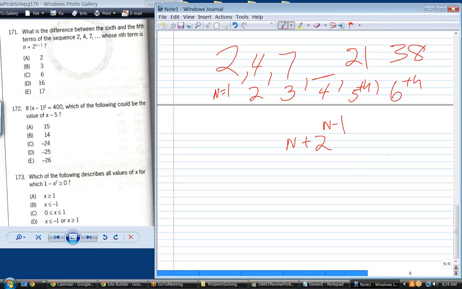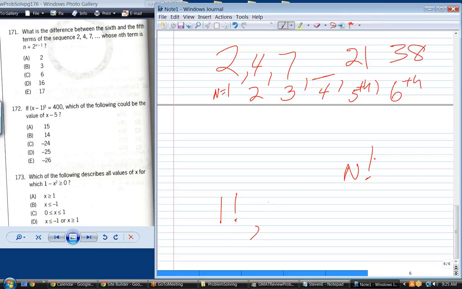In other words, if I had a sequence where the nth term is n factorial, tell me what that sequence is. What's the first term? The first term would be 1 factorial.